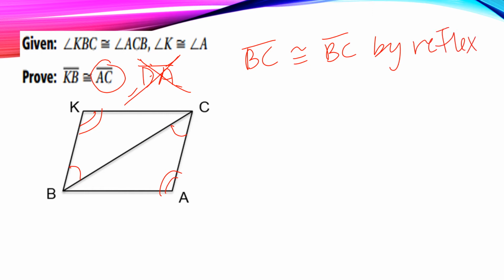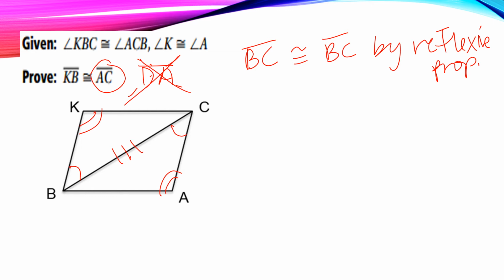But angle KBC, I'm going to go ahead and write this stuff in. Angle KBC is congruent to ACB. And angle K is congruent to angle A. So I have 2 angles in a row here. I know that the only one that I can use when I have 2 angles in a row is angle side. And I know that BC is congruent to BC because of the reflexive property. Now I'll draw my tick mark in there.